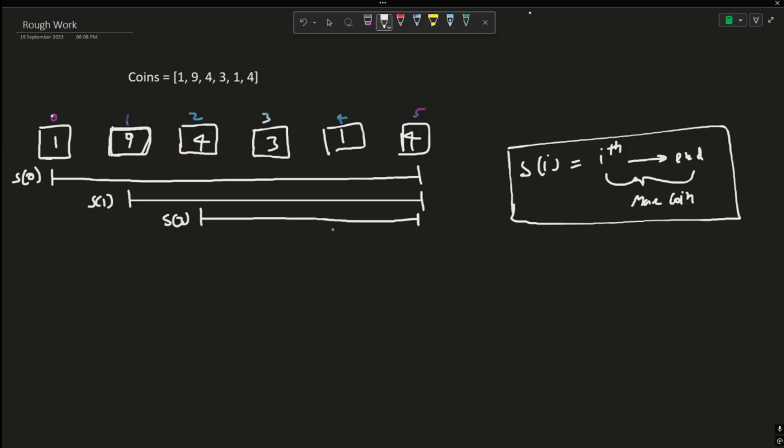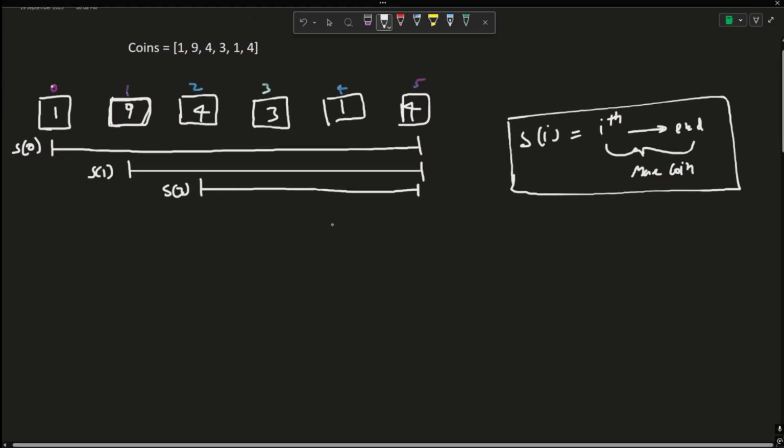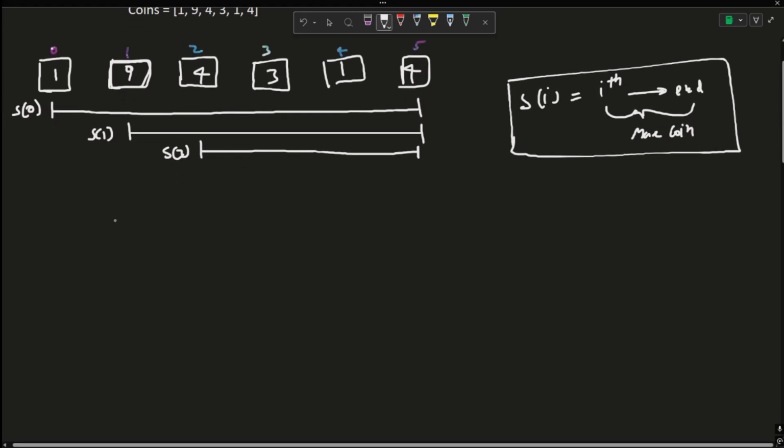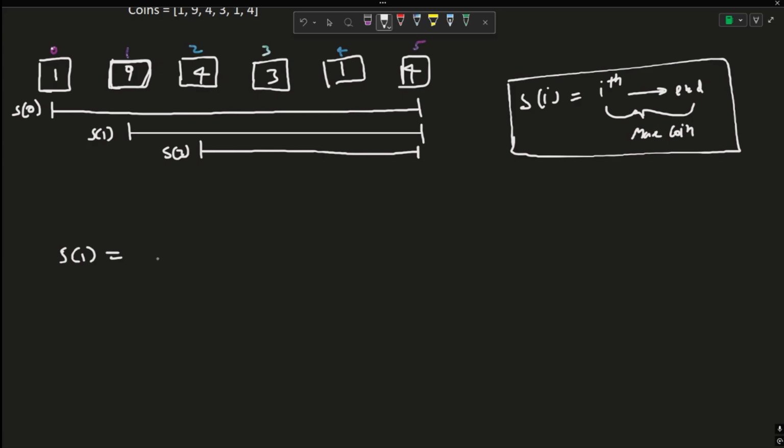Now let's verify if this subproblem is a complete subproblem. What I mean by this is, let's say we are solving for S1. This is 2, right? In order to solve for S1, I can get the max coin starting from 2 to the end by S2.